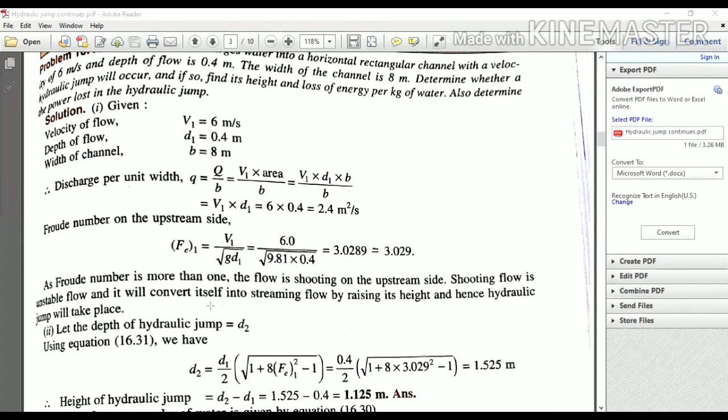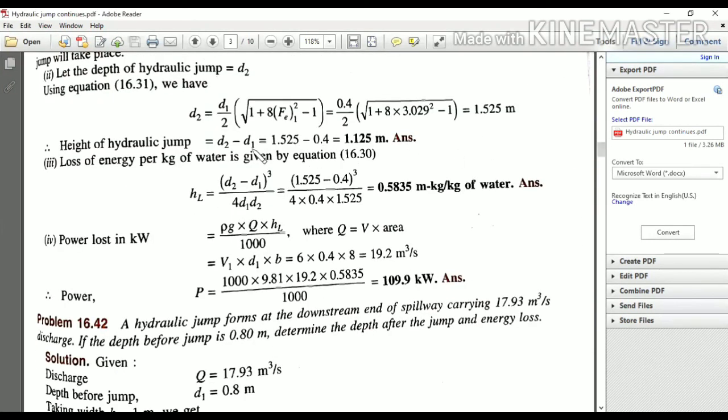Let the depth be D2, and by using the depth D2 we have found the D2 value. Then the difference will be D2 minus D1. And the loss of energy is found by using the same formula. Now coming to the power lost. Power lost in kilowatts is given by rho g into Q into HL divided by 1000.